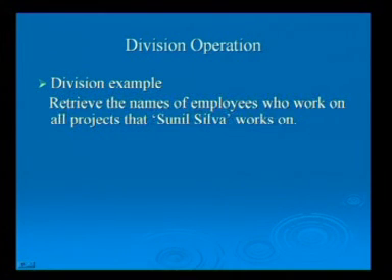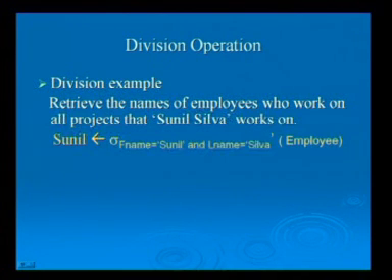In doing that, what we have to do first is to select Sunil Silva's row from employee, and the intermediate relation would be Sunil.